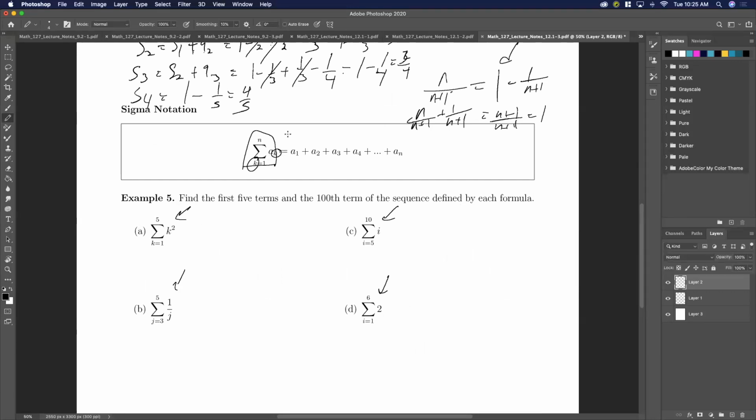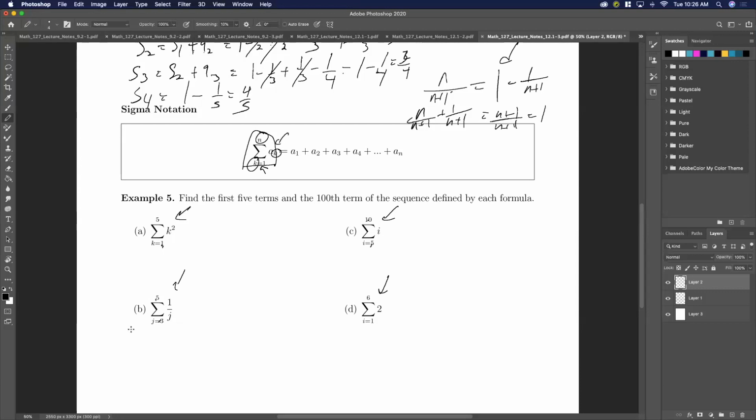It makes sense to have different indexing numbers if you're doing multiple sums at once. The 1 right here is the starting number, where you start. Here I start at 1, go to 5. Here I start at 5, go to 10. Here I start at 3, go to 5. This is your ending number, up to what n you go to. And this here is your formula.